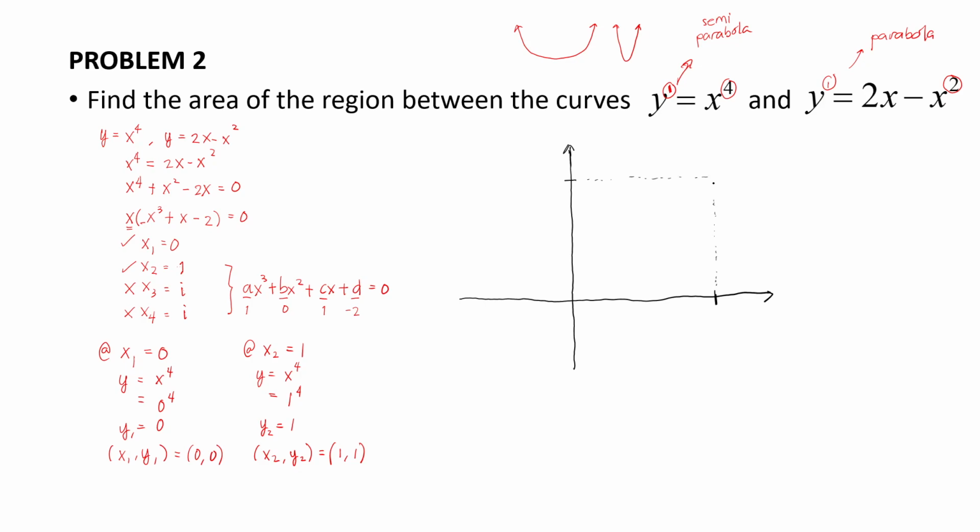Since our points of intersection are at 0, 0 and at 1, graphing first y equals x to the power 4, probably this is the graph. Well, good enough, okay.